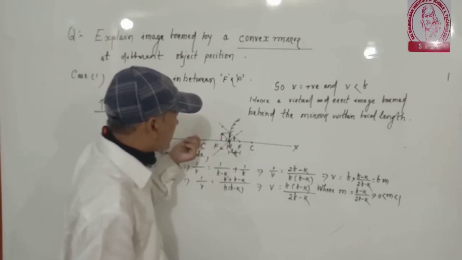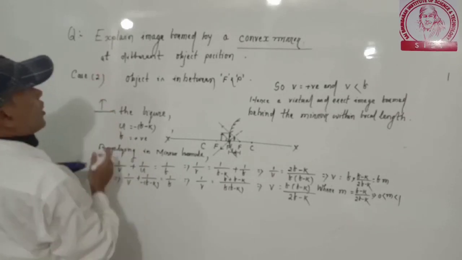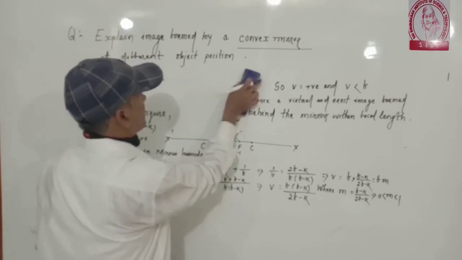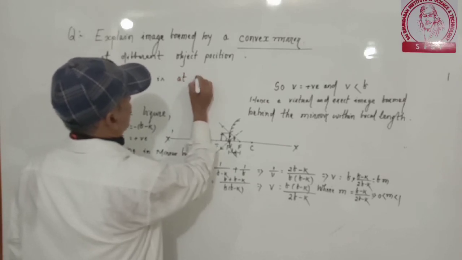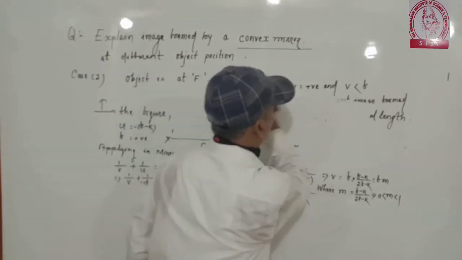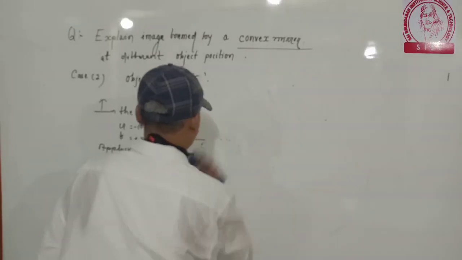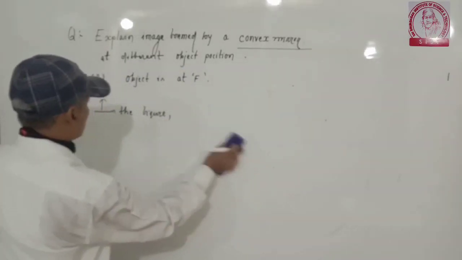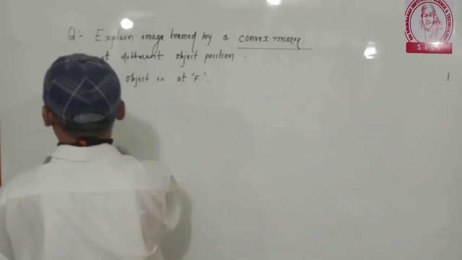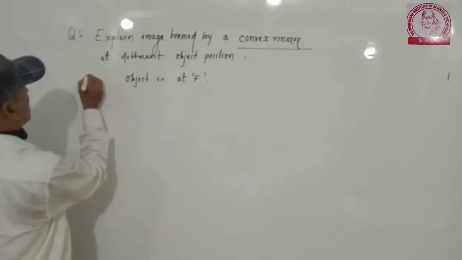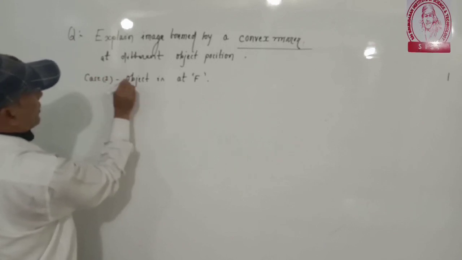Now shift the object to the principal focus. This is case 2. Object is at f.